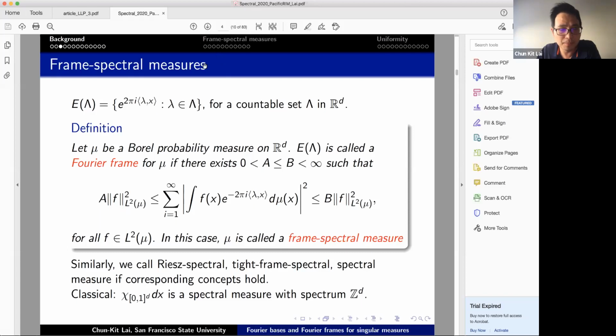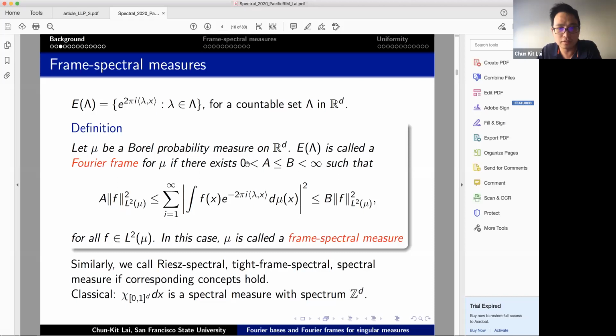Ajit, is it possible for you to unmute your mic and ask? I think maybe there's a little bit of a typo here. In the definition you are summing up all the lambdas. I forgot the index i; this should be the sum over all lambda in Lambda. Maybe that's where the confusion comes from. Got it. Yes, you're summing up all the lambdas. Thanks for the correction. Okay, thank you very much.